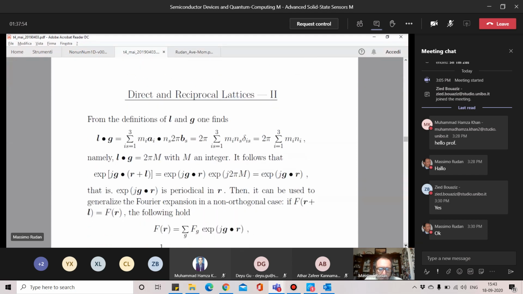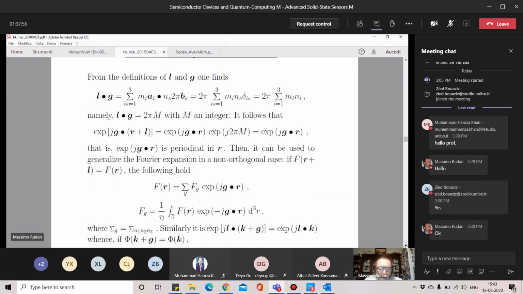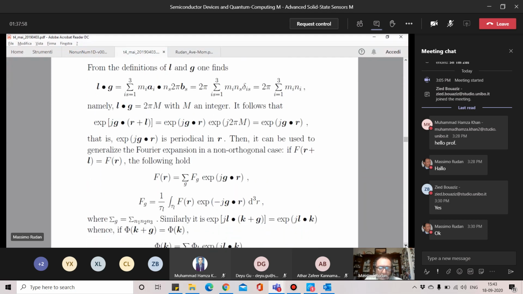Now let's take an example. We take any vector L. You remember vectors L are those with integer coefficients in the direct lattice. So they are translational vectors of the direct lattice.